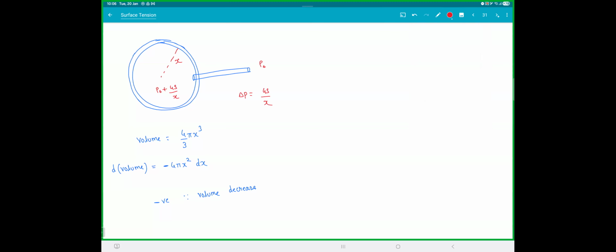Now using the Poiseuille's equation, d volume by dt, that is your volume flow per second, is pi delta P a power 4 by 8 eta L. So this would be minus 4 pi x square dx by dt equals pi times pressure difference 4s by x, times a power 4, divided by 8 eta L. Constants are 8, eta and L. So bring all x to one side.